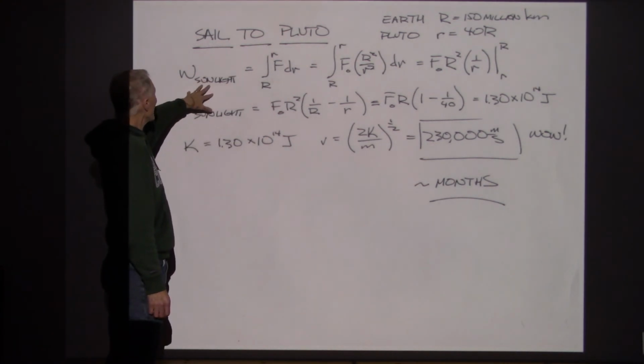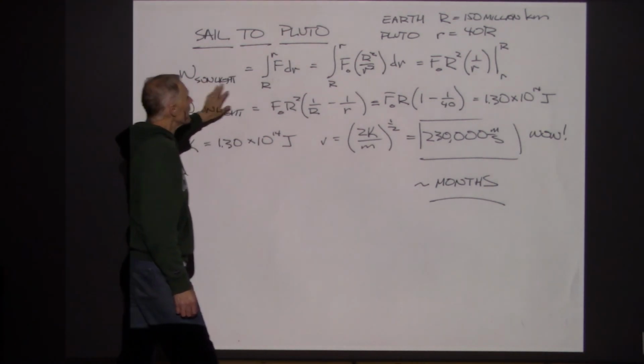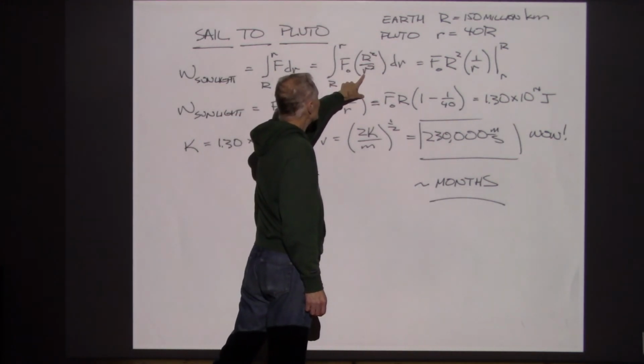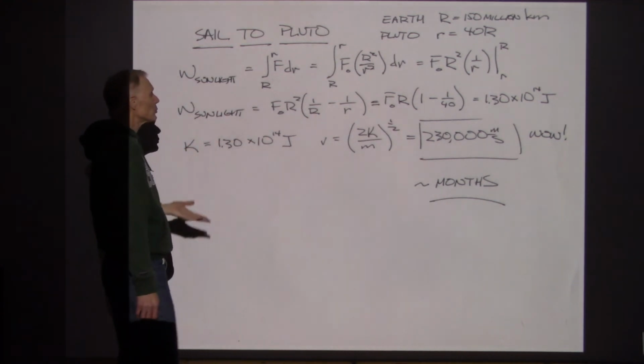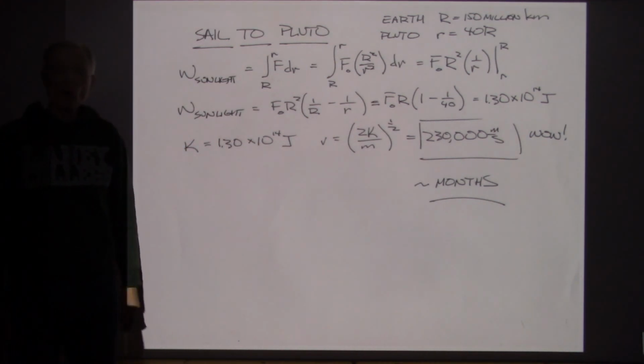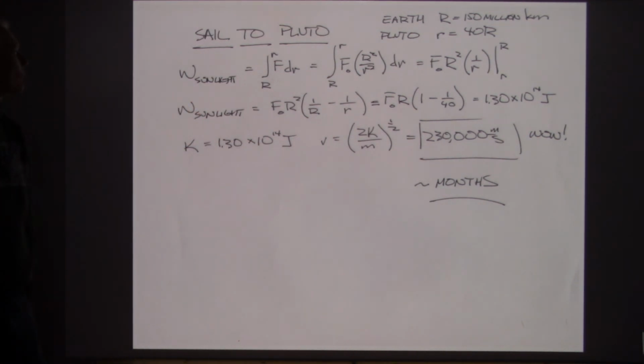But what I realized is that the sunlight is dropping off with distance like r squared, and gravity is doing the same thing. And so as I get farther and farther away from the sun, I'm going to continue to get this effect from the sunlight.